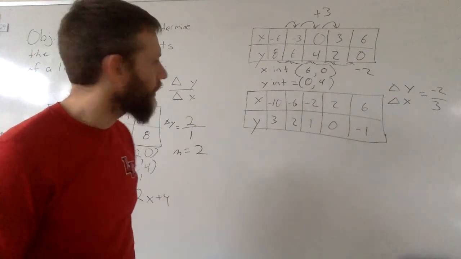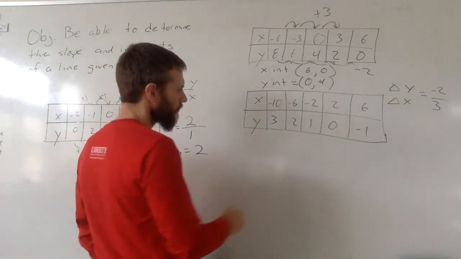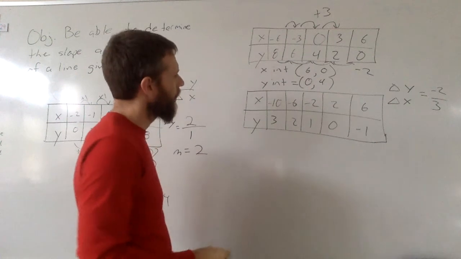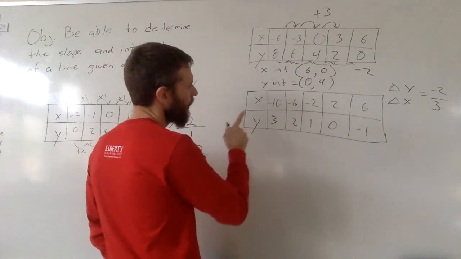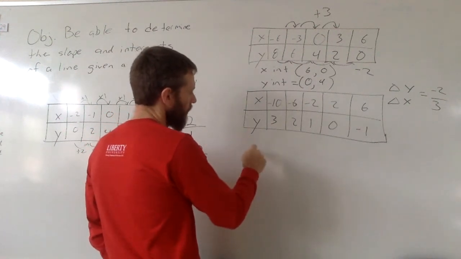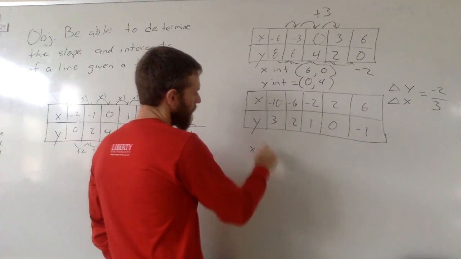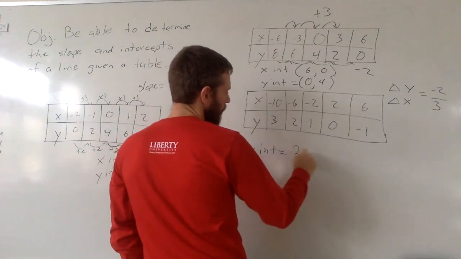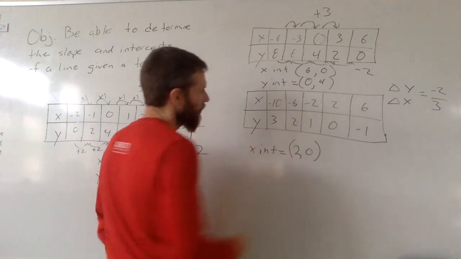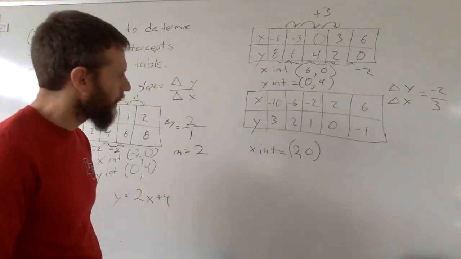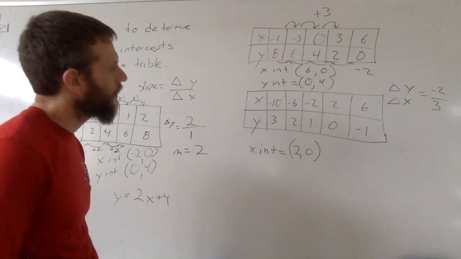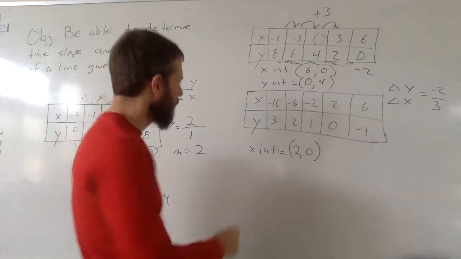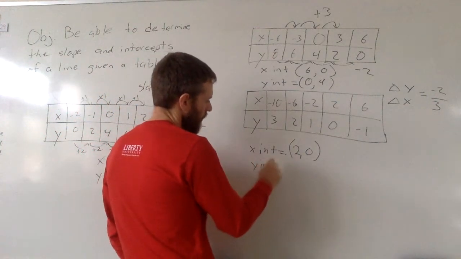Last but not least, here we have the x-intercept. That's going to be 2, 0. We don't have the y-intercept.